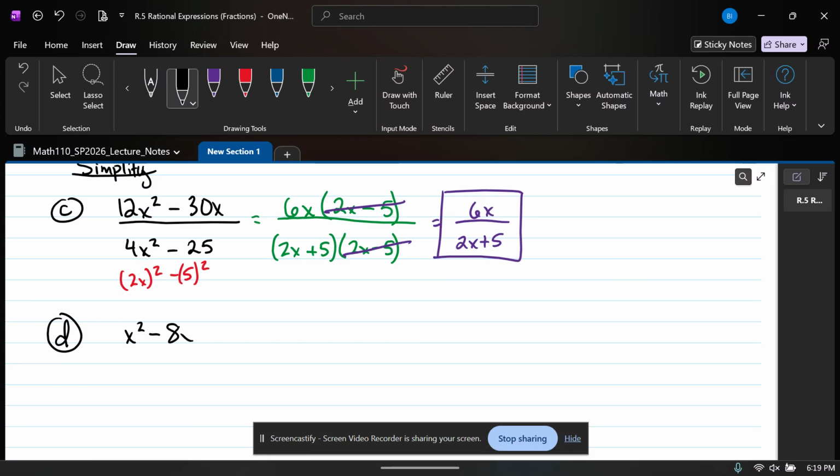X squared minus 8x plus 16 over negative 2x squared plus 8x.